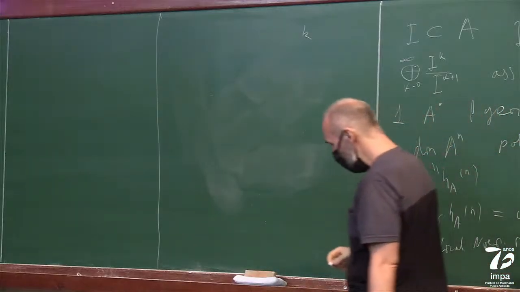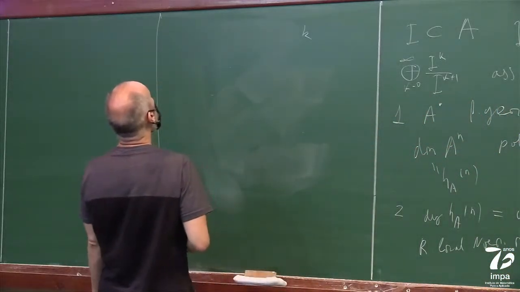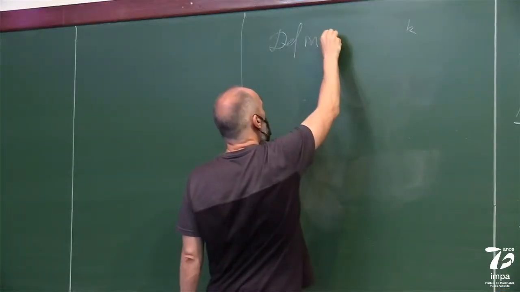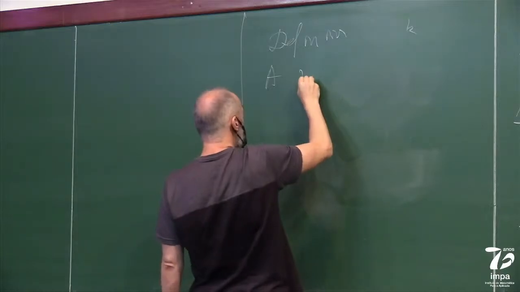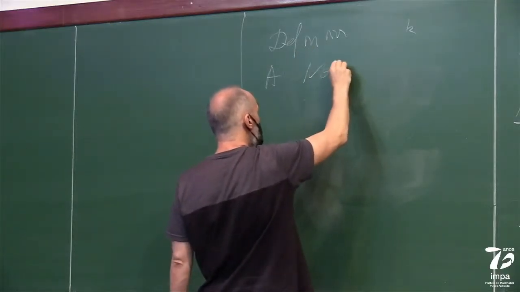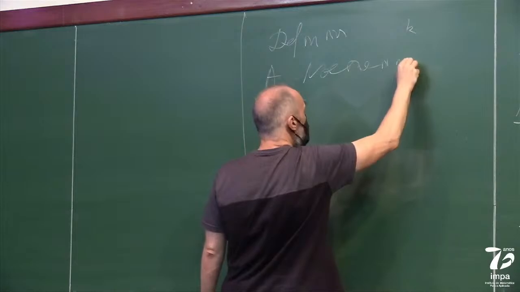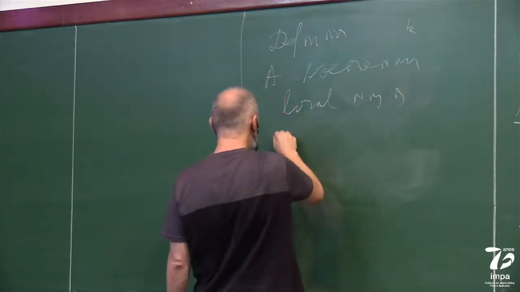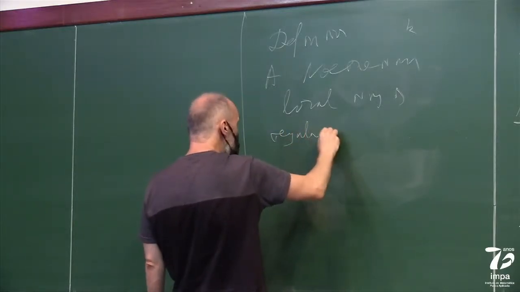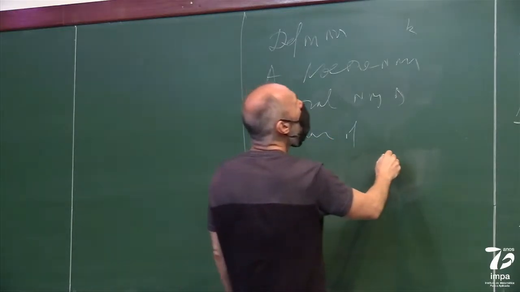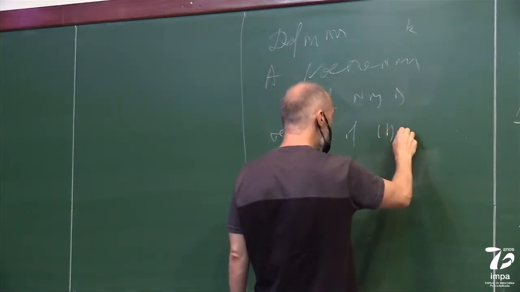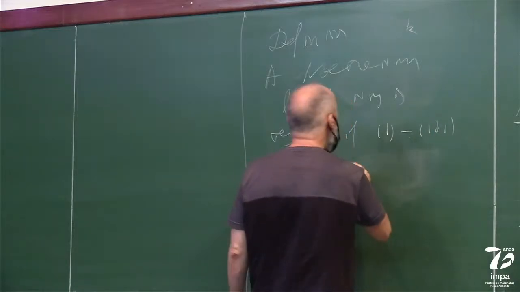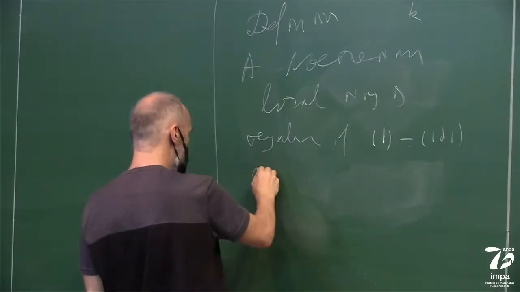Before I go, let me give you a couple more definitions. Definition. A Noetherian local ring is regular if these properties 1 up to 3, which are obviously equivalent, are satisfied.